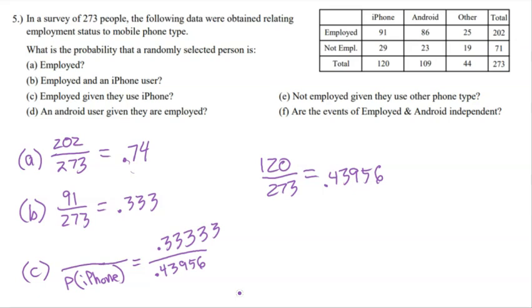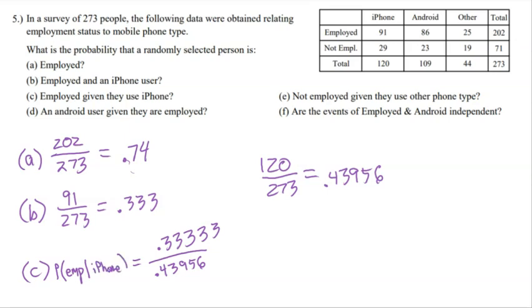And so this is going to be, let me rewrite this. It's the probability that a person is employed, given that they use an iPhone. Let me remind you how we would write that. We'd say the probability that they are employed given that they use an iPhone.